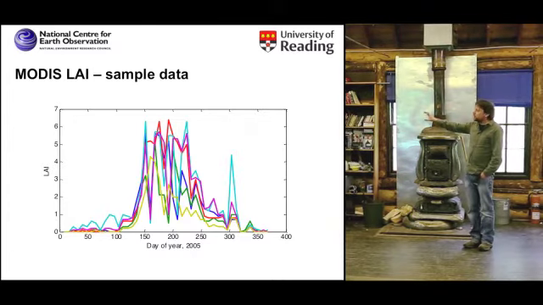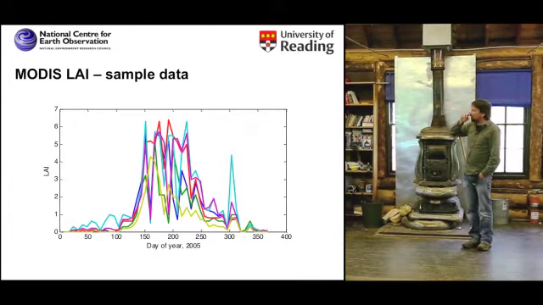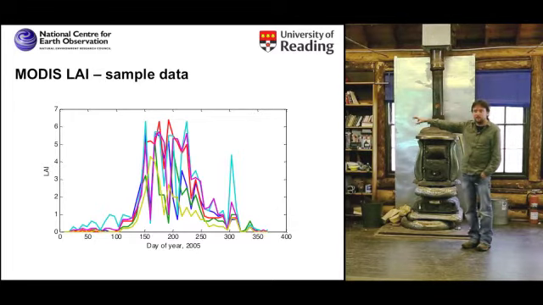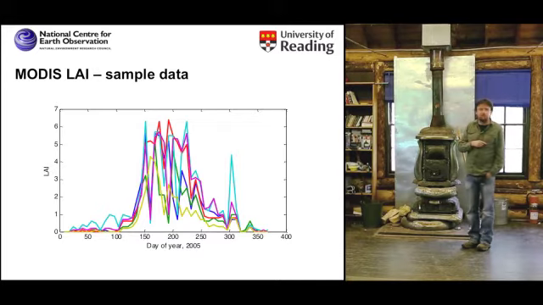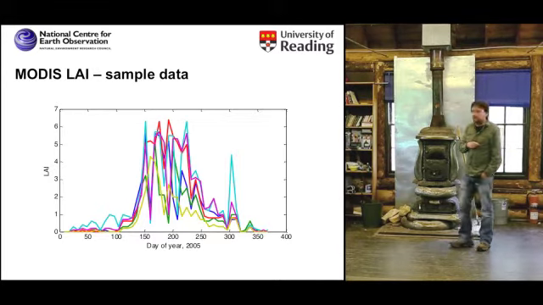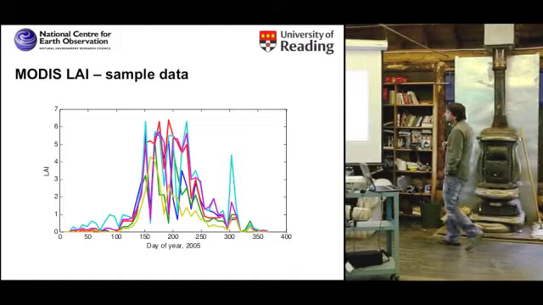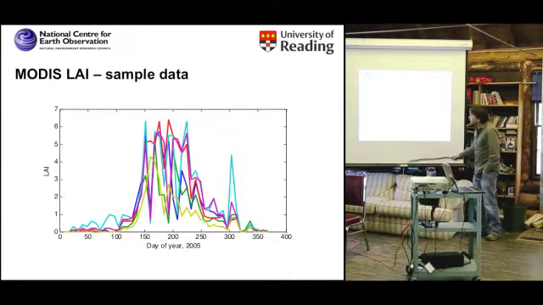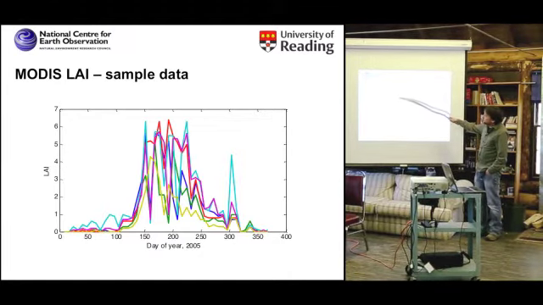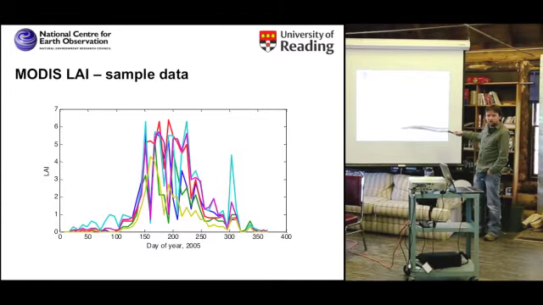It's also fair for me to say that they've done a lot of work improving the LAI product since I first made this slide. But look at the variability in the predicted leaf area index. We're going from LAIs of 6.5 to 0.5 in the space of a few days.